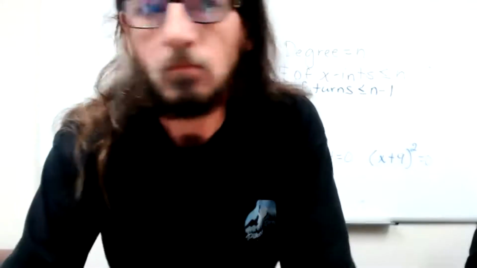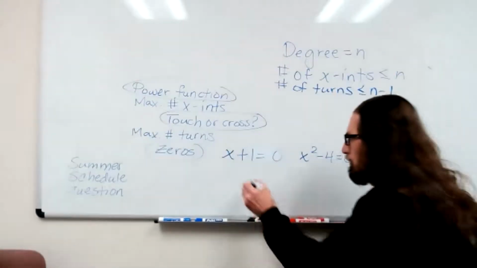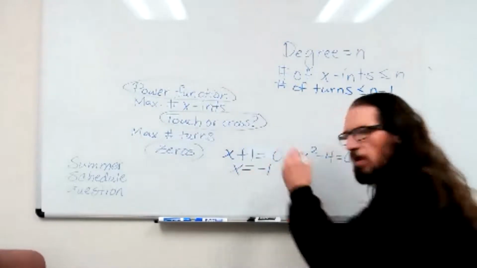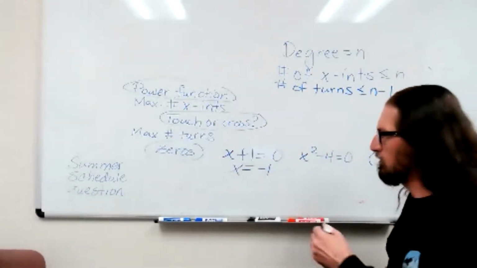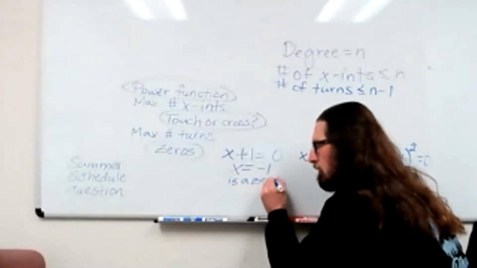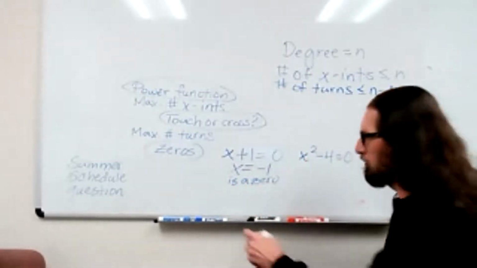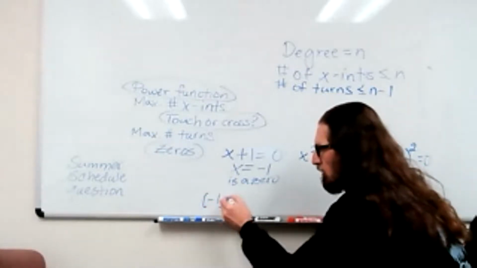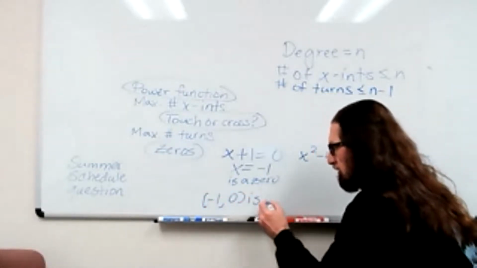So on the first one, we have x equals negative 1 is a 0. And that goes hand in hand with a piece of information that negative 1 comma 0 is an x-intercept.